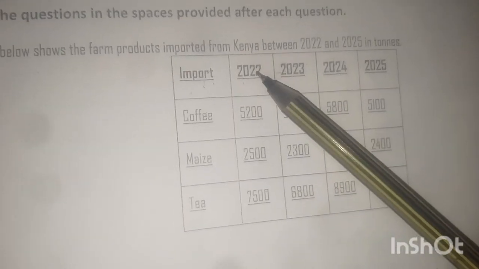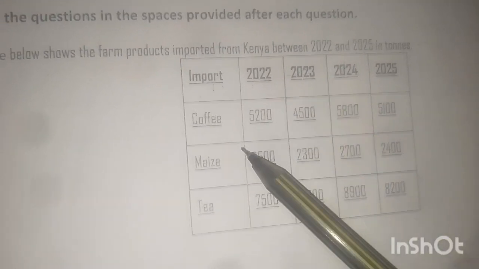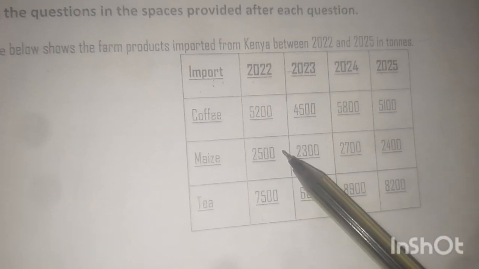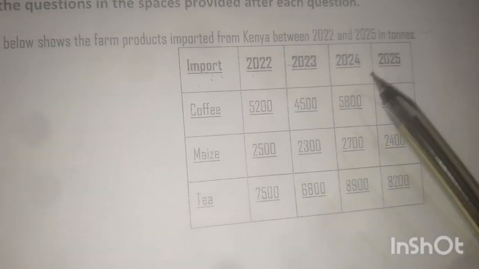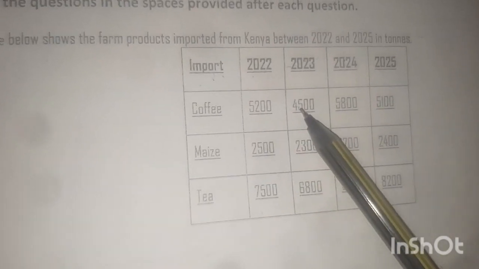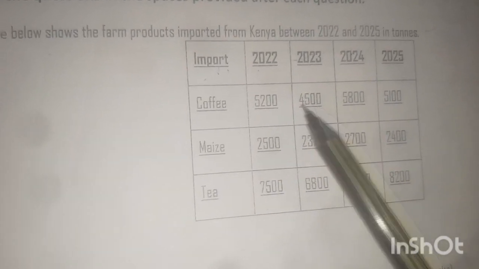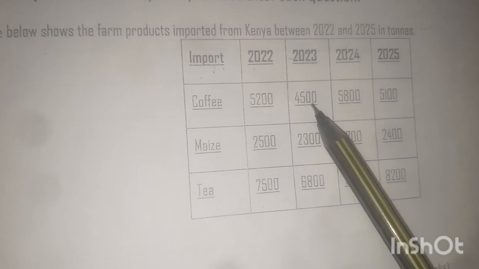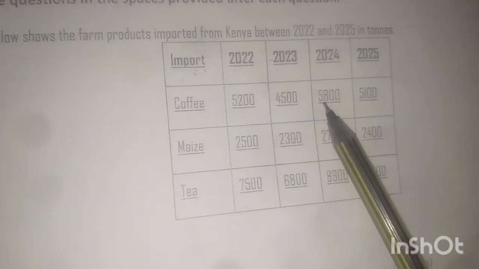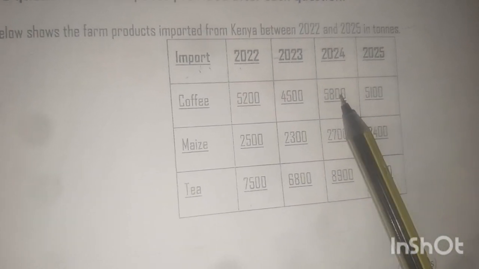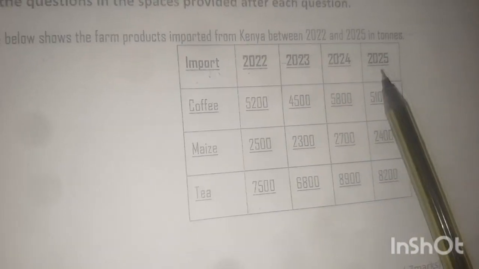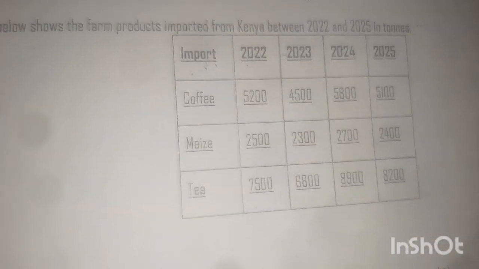In 2022, this is how we performed: 5,200 tons, 2,500 tons, 7,500. In 2023, there was a drop from 5,200 to 4,500. Then in 2024, there was an increase, and in 2025, there was a decrease.